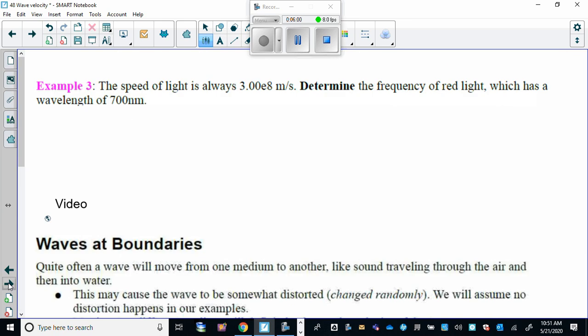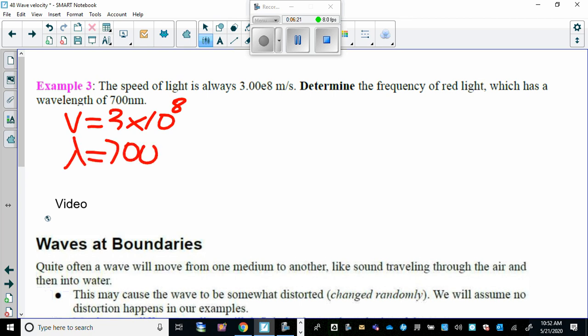Example number 3 says the speed of light is 3 times 10 to the 8th meters per second. Determine the frequency of red light, which has a wavelength of 700 nanometers. So in this one, you're given the velocity, you're given the wavelength, and 700 nanometers, you're going to use this a great deal in physics 30, is just 700 times 10 to the negative 9.